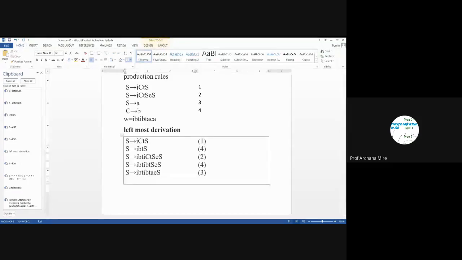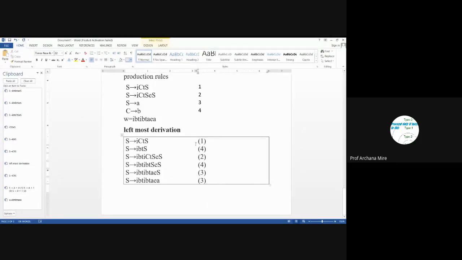Once again, we will be applying production rule number 3 on this leftmost non-terminal, which is right now the rightmost non-terminal as well. And that is once again production rule number 3. So we have received the required string IBTI BT AE by using the leftmost derivation approach.